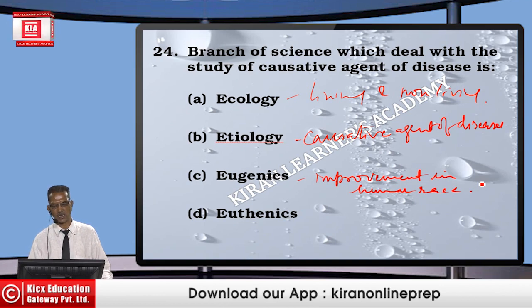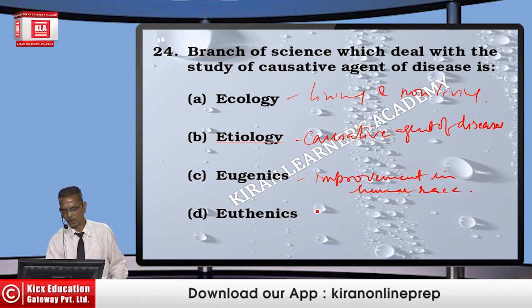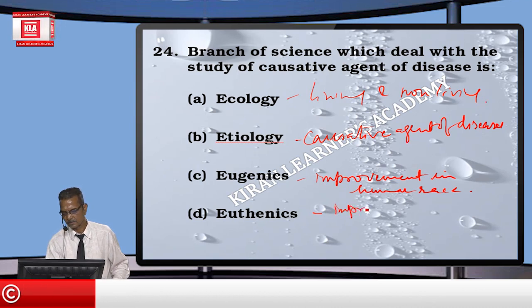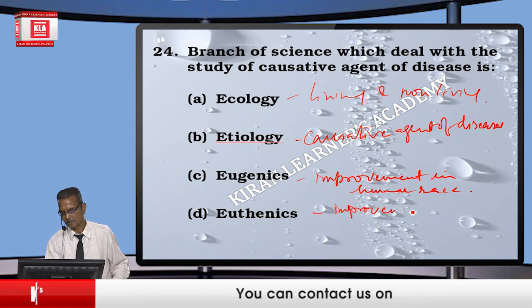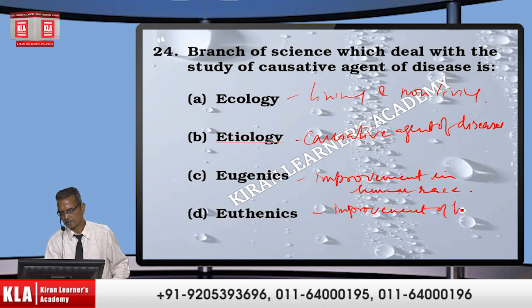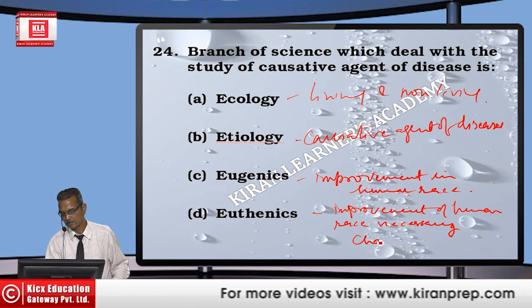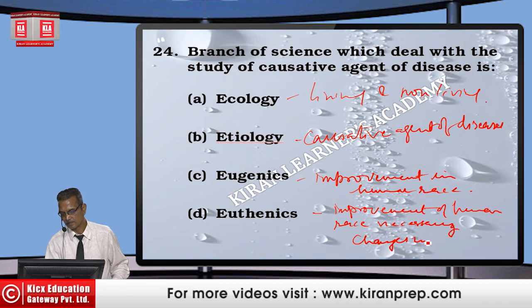Whereas euthenics is again for the improvement of human race, but by necessary changes in environment.